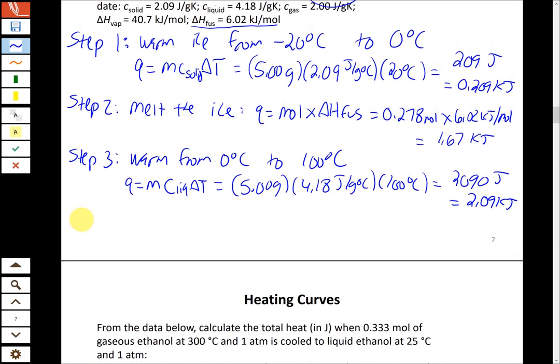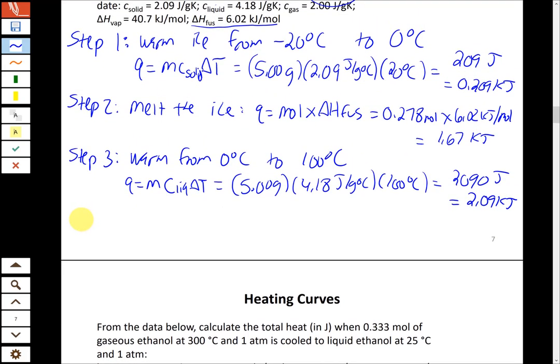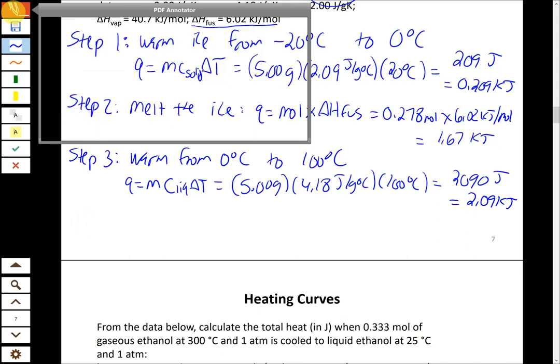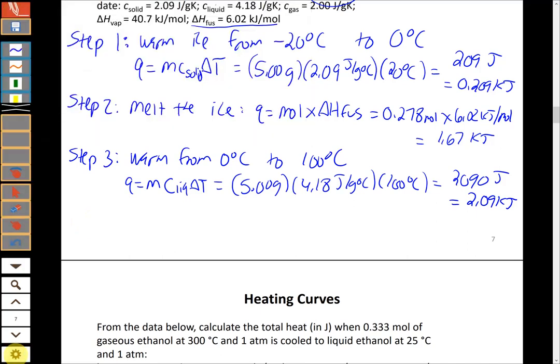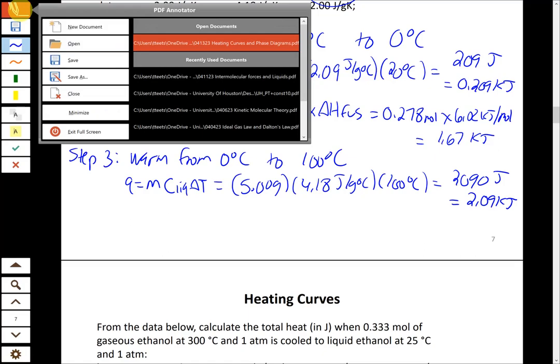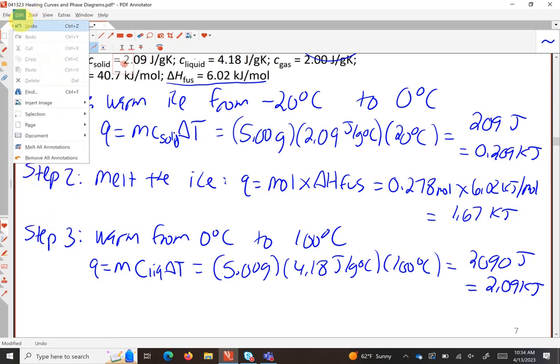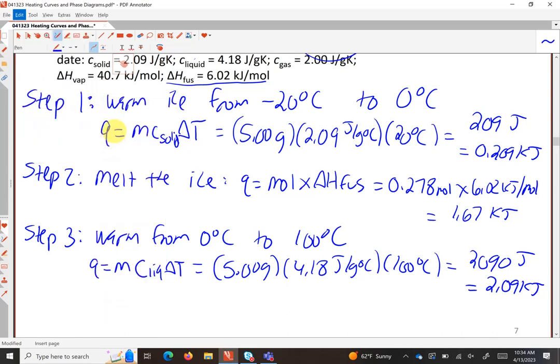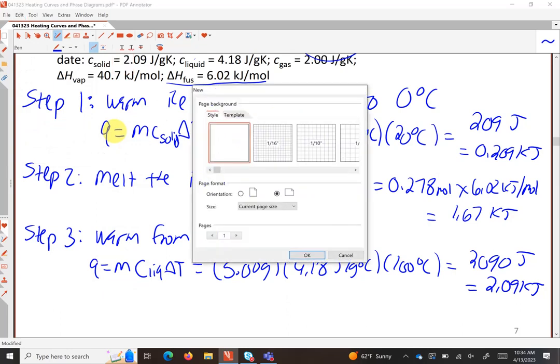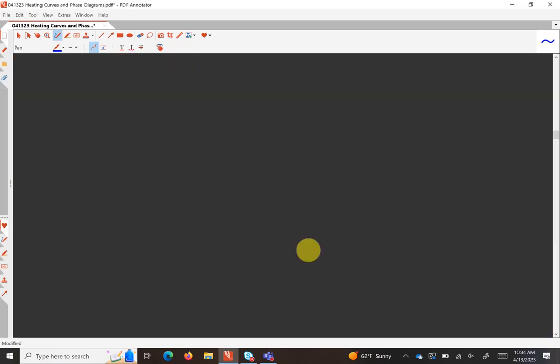Oh, I did not give myself enough space. Dang it. I thought I had an extra page in here. Let me try to insert one. How do I do that? Did I put it in the right place?